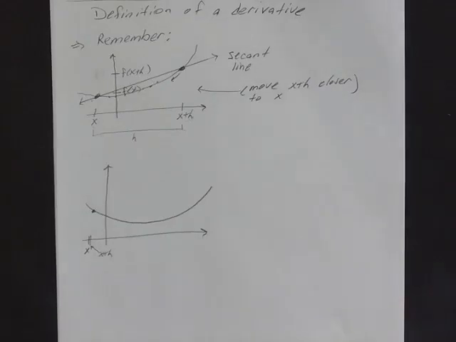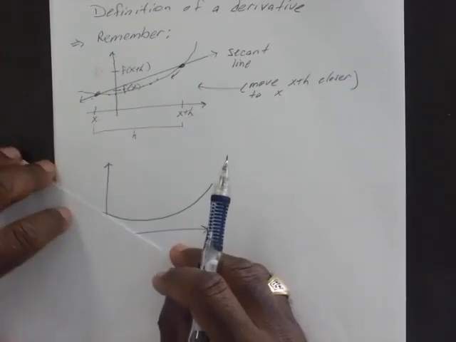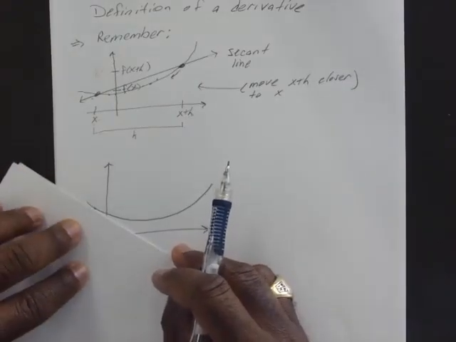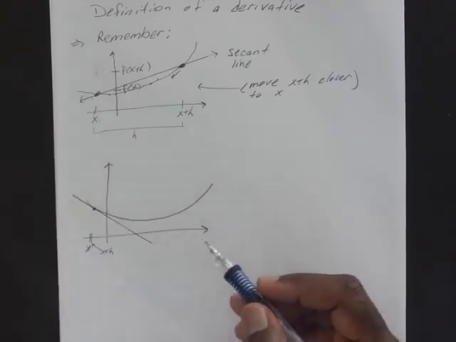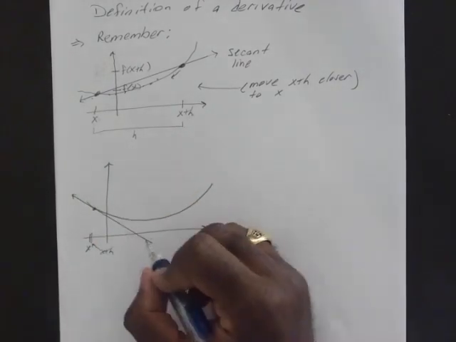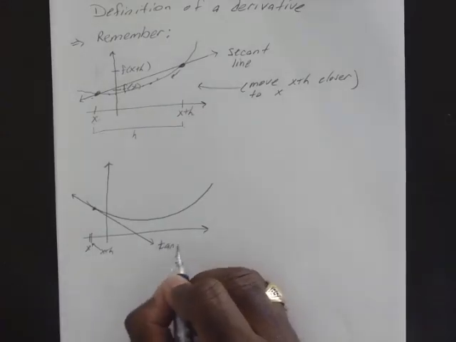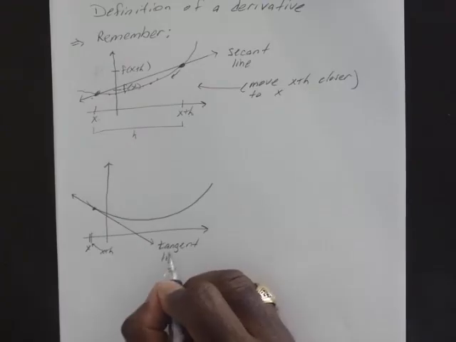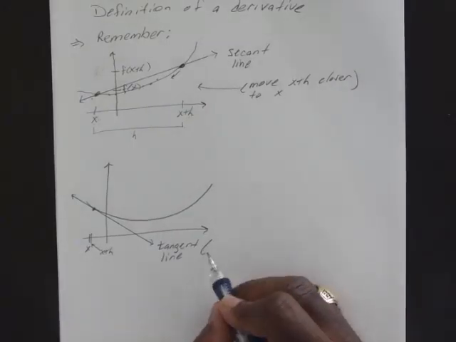When you draw their secant line, you're basically drawing a line through one point because they're just that close. And that is your tangent line, or your instantaneous rate of change.